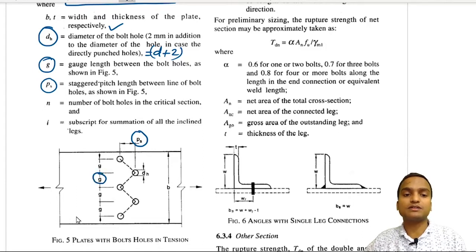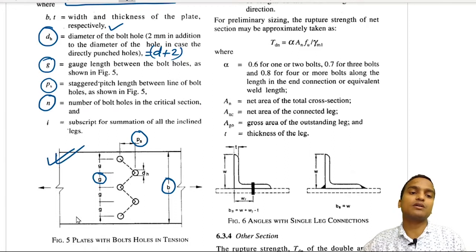And what is this gauge? Gauge is also represented here. And DH is the diameter of hole, B is the width of plate. N is the number of bolt holes in the critical section. Just like in this figure, the value of N is equal to 5, isn't it?